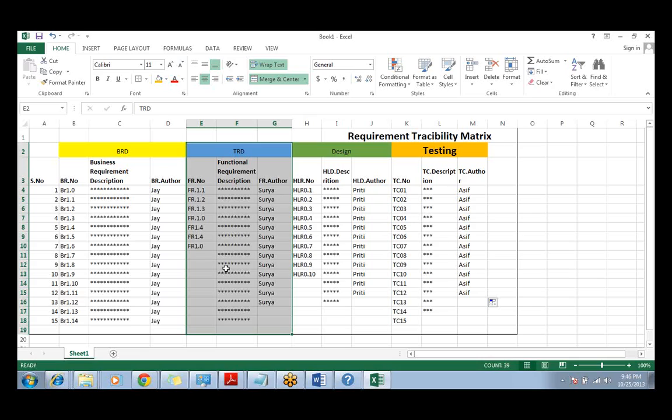Once your technical requirement document gets populated, then your design team, when they are doing the design, are going to fill this piece of information on the side of your design document. So high-level design or low-level design, whichever design document is getting developed, they are going to fill out this information. What they are tracking is that for BR1, which is the technical requirement document, which will be a one-on-one match, whatever is written over here, they have a technical solution.